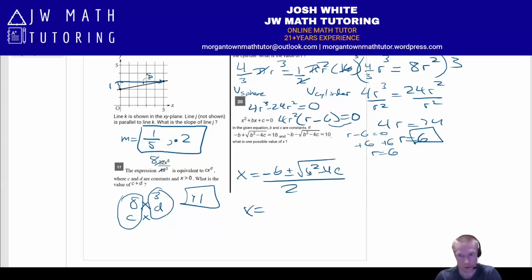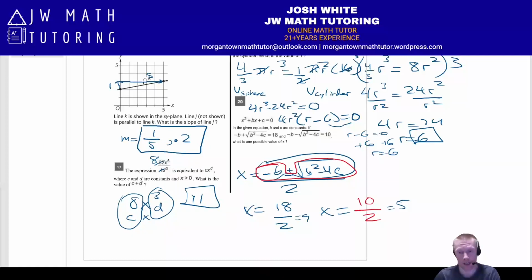So one answer is going to be to replace the whole entire top part with 18 and put it over 2. And then the other answer is replacing the negative b minus the square root part with 10, and again, put that over 2. And then you just simplify those, and your answers are going to be 9 or 5.